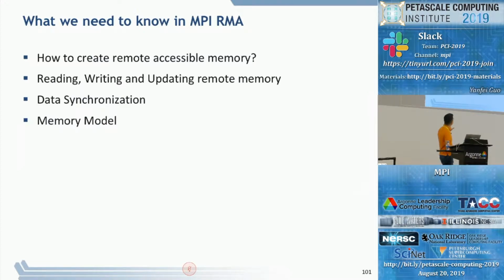And the last part, the memory model, is fairly complex. I don't think I have time to cover that in this talk, but for simple applications you don't really need to worry about that, because basic synchronization and avoiding overlapping reads and writes will be sufficient.